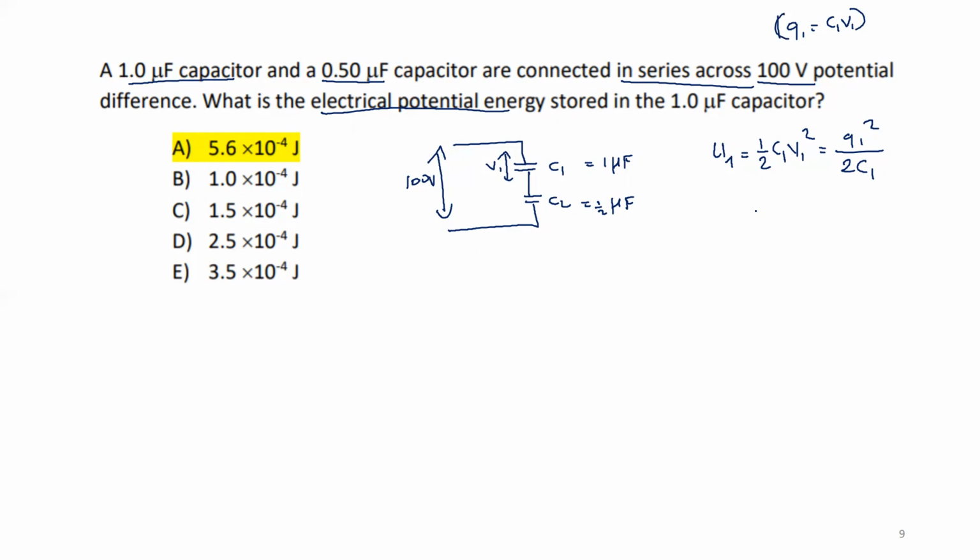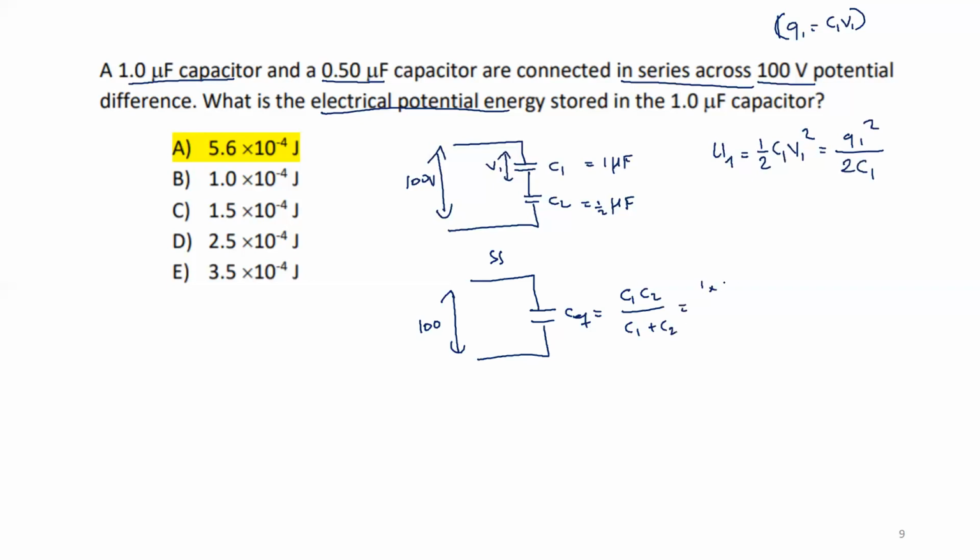Okay, good. Now, how do I do it? Equivalent capacitance. This is equivalent to what? I have 100 volt, and here I have C equivalent. So what is this C equivalent? I have two capacitances in series, so the C equivalent is the product C1 C2 divided by the sum C1 plus C2.